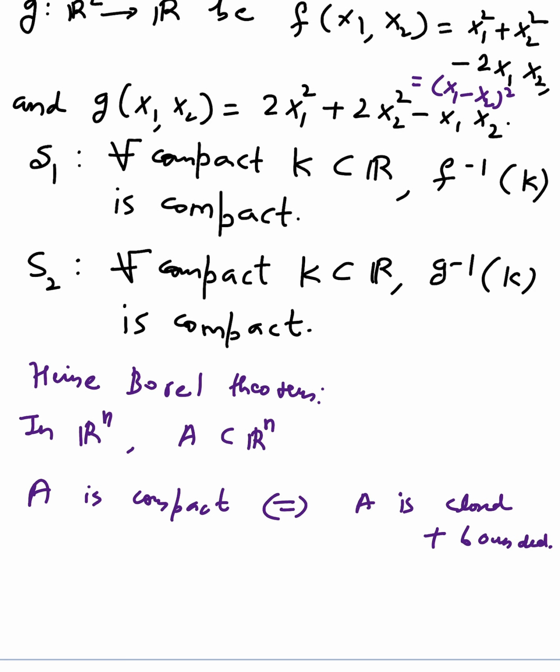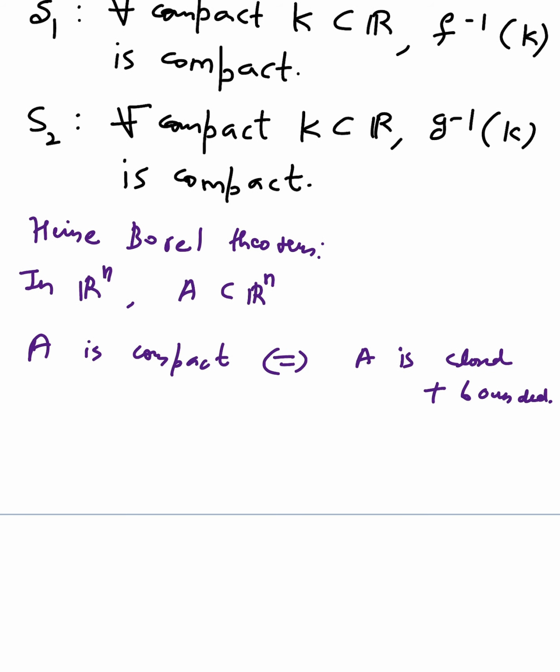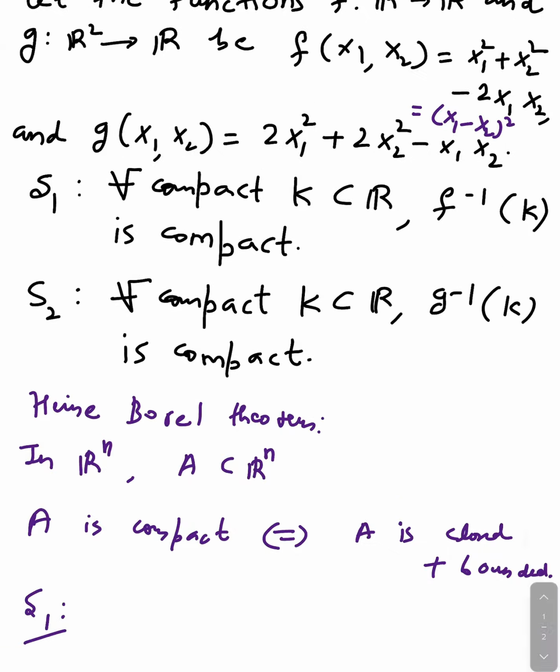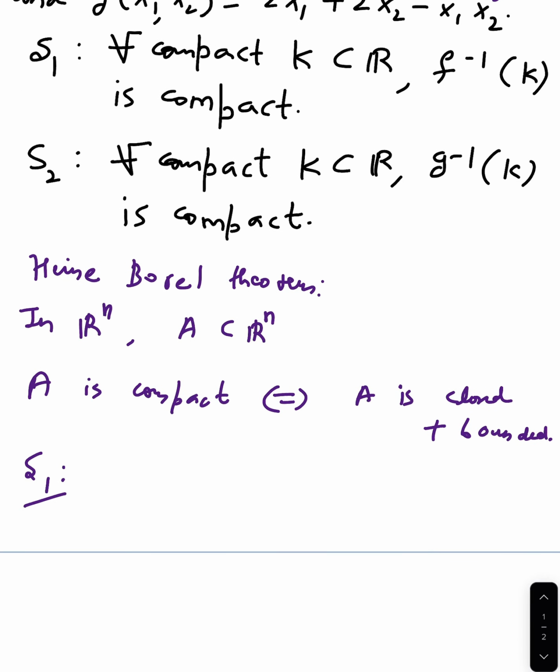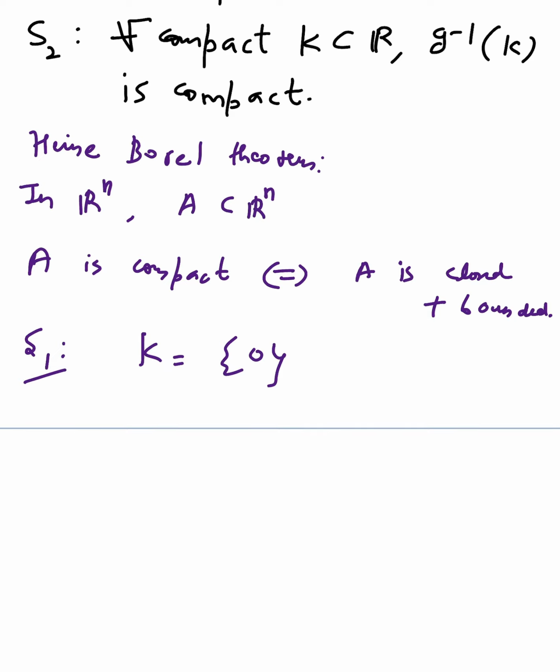So let's take S1. For S1, it says that for every compact subset K of R, f inverse of K is compact. Is this true? Well, if I take K to be the singleton set {0}, then what is f inverse K?